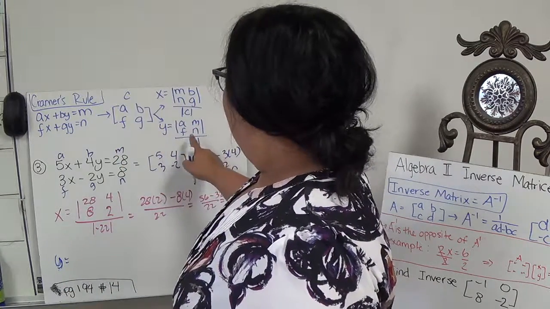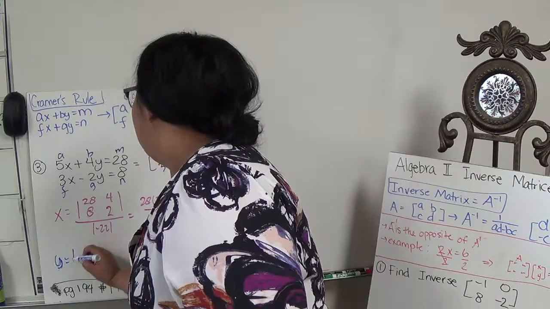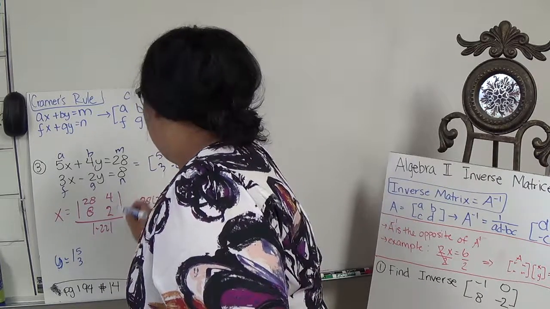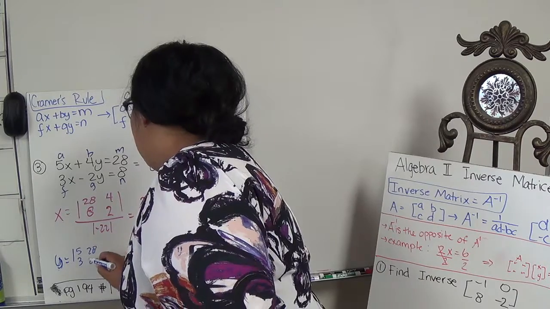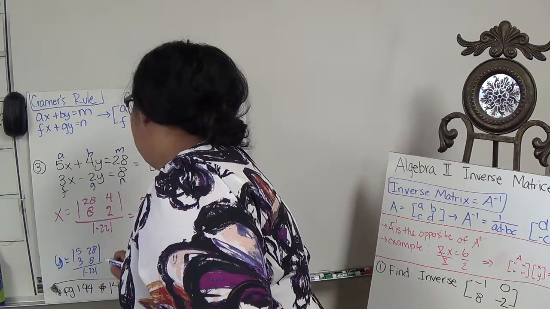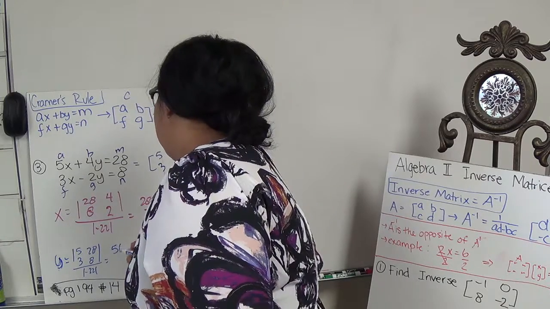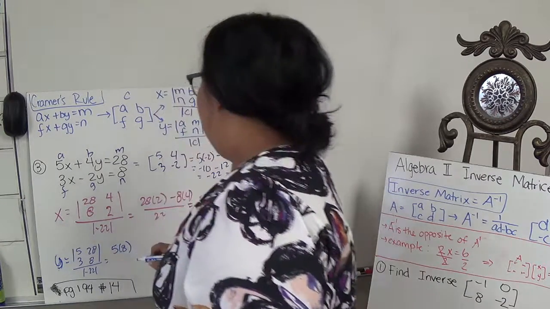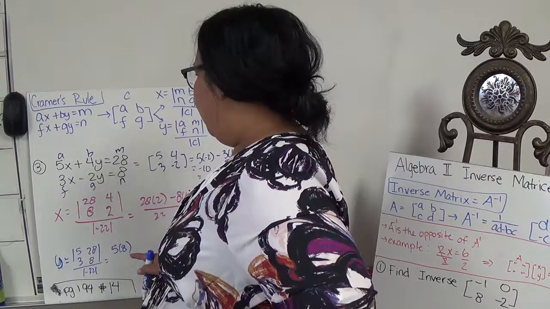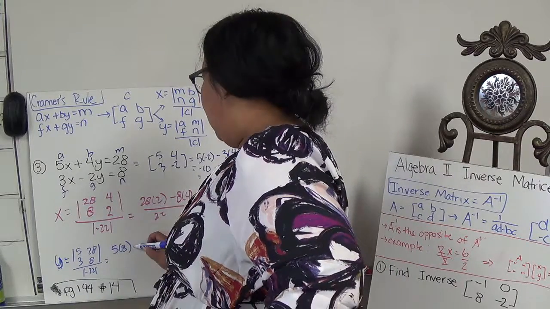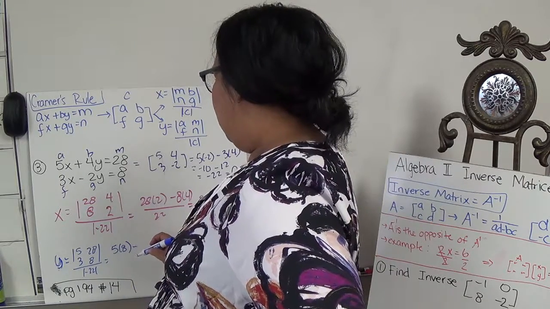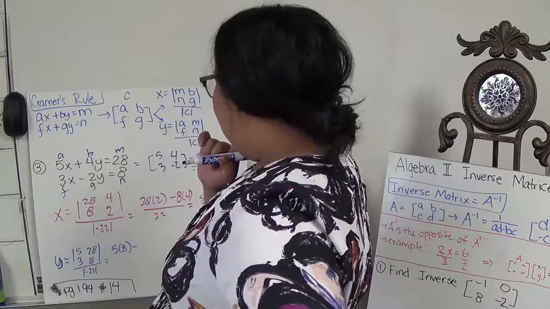So 5, 3, and then 28, 8, all over the absolute value of negative 22. So this would be 5 times 8 minus 5 times. Oh, I knew there was something wrong.